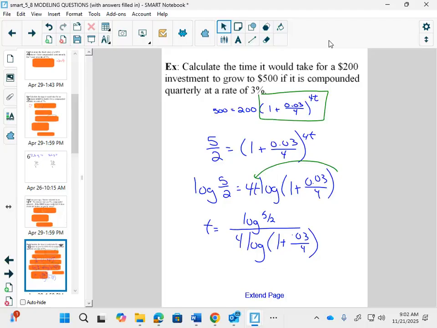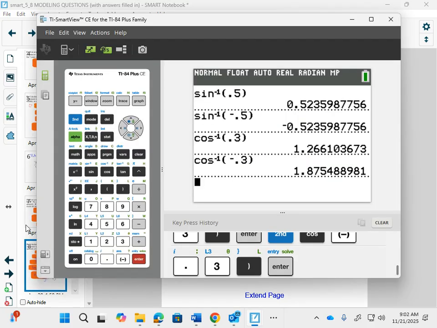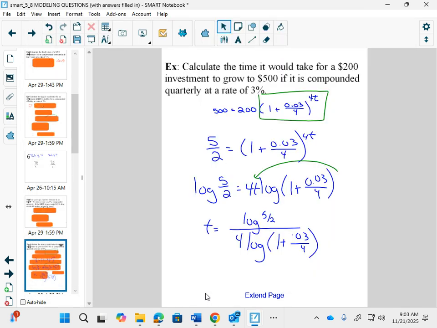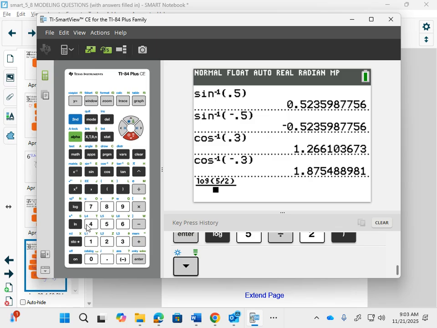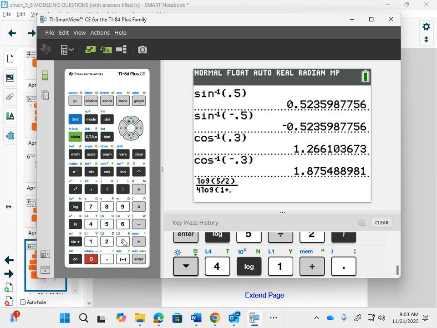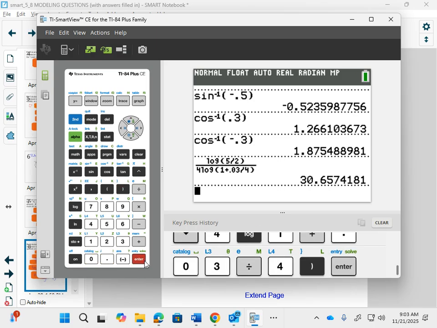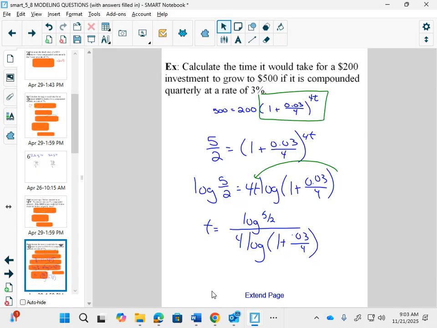And we can take out our calculator and type this in. So it's log of 5 divided by 2 over 4 log of 1 plus 0.03 divided by 4. That's 30.657 to 3 decimal places.